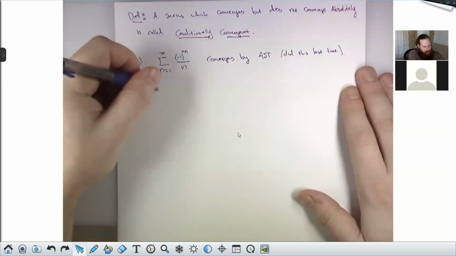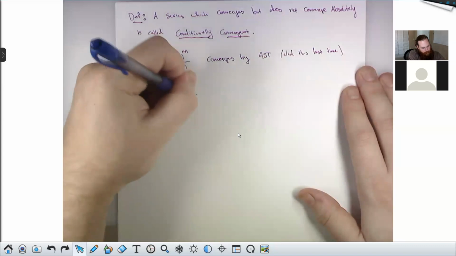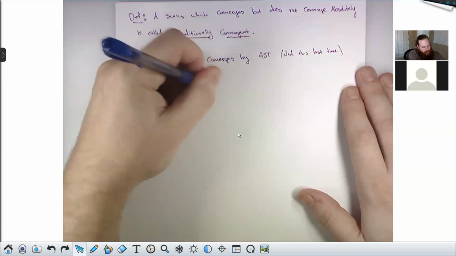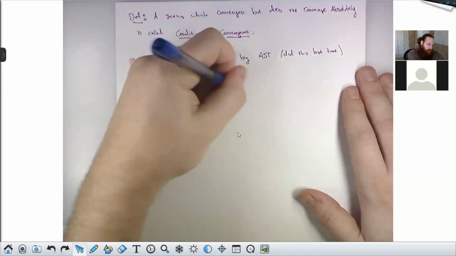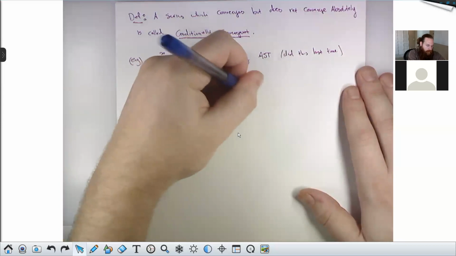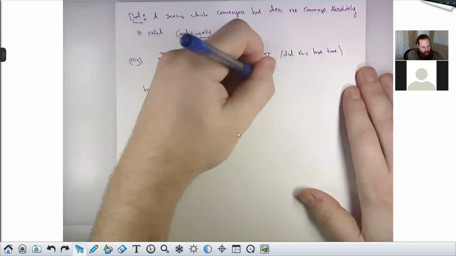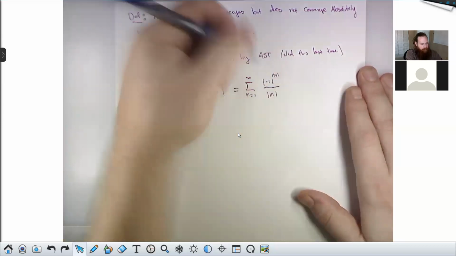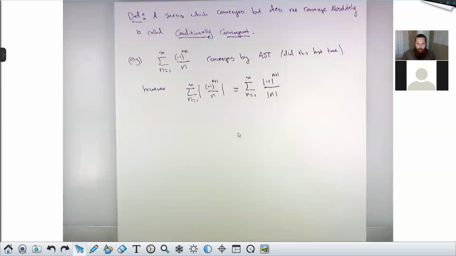However, if you swap the inside for its absolute value, what you get is the absolute value of (-1) to the n plus 1 over the absolute value of n, right? Absolute values play nice with multiplication and division. So I can give the absolute value to the top and the bottom separately. And then the absolute value of a power is the power of the absolute value. The power and absolute value also commute.